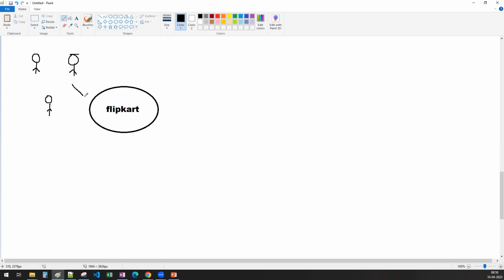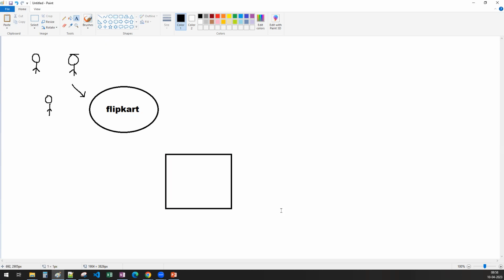People use the application and do some kind of transaction. When I say a transaction for Flipkart, that is ordering something. So whenever someone is using Flipkart or any other application for a transaction, nothing but ordering something, doing some kind of activity, that transaction will be stored in the OLAP.